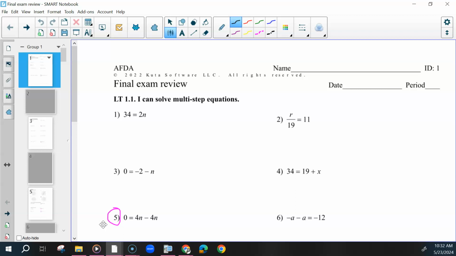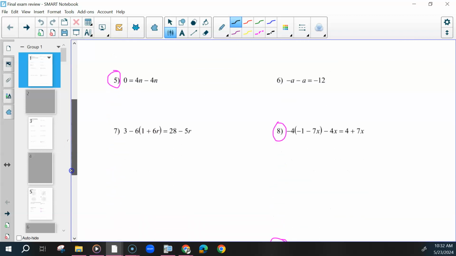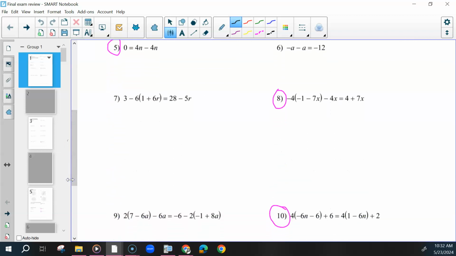From the beginning of the year. So the second page is 1.2. I'm going to do number 8 from the first page. So on number 8, you need to distribute.